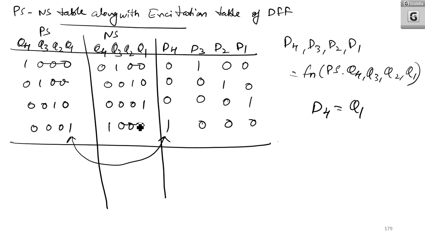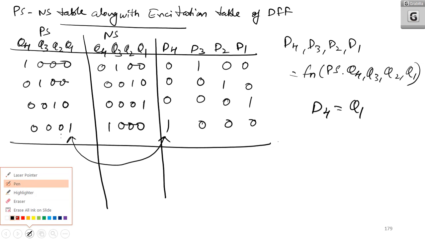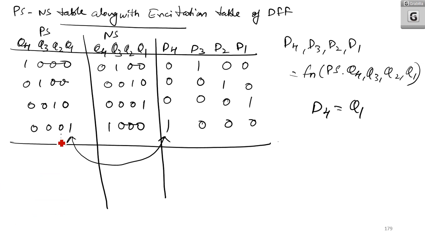Similarly, if you look at present state Q2 and D1, we can see that the expressions are the same. So we can write D1 is equal to Q2.